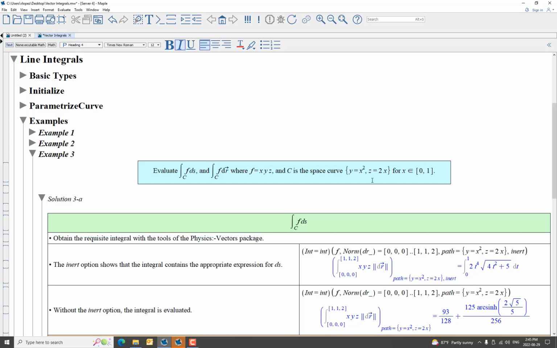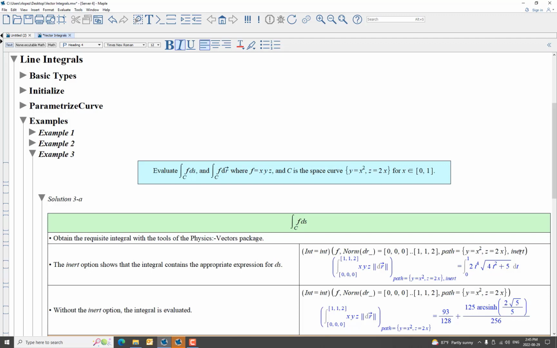And at 1, you're going to get 1, 1, 2. Along the path described by these two equations, path, put inert here, I see the representation unique to this physics vectors package, and this is the integral you're going to evaluate, 0 to 1, this integral.